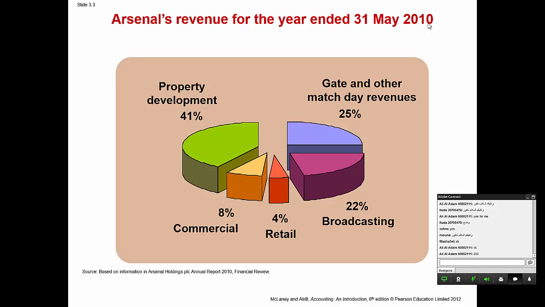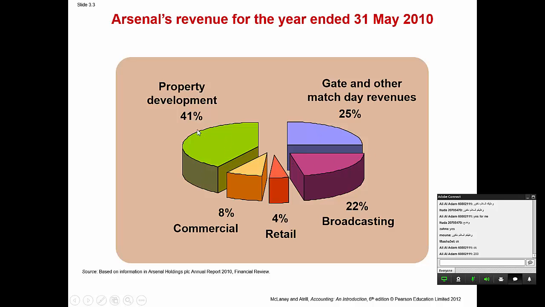Okay, it depends on the accounting policies of the organization, it depends on the management of the organization, it depends on the start of their work, the start of the company. So anyhow, at the end of the year, Arsenal revenue was distributed in this way.